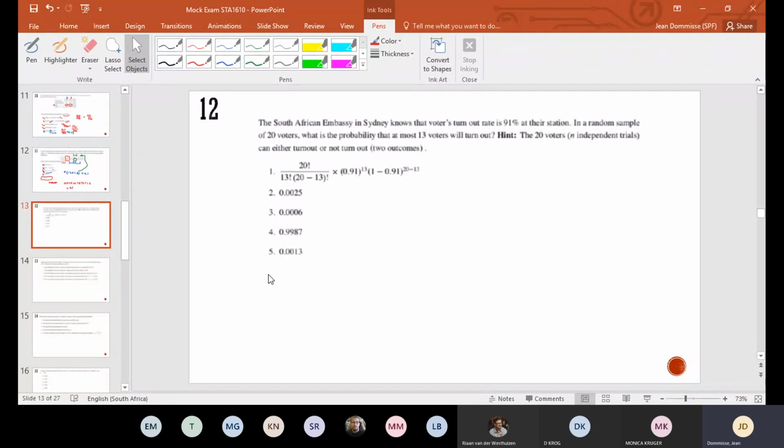South African MSc knows that the turnout rate is 91%. Okay, so we've got that. In a random sample, 20 voters, so we've got n, and that at most 13 will turn out. Okay, so let me share the binomial screen.